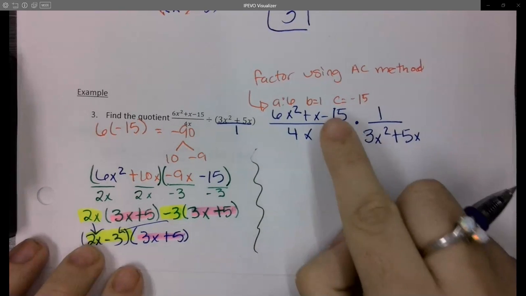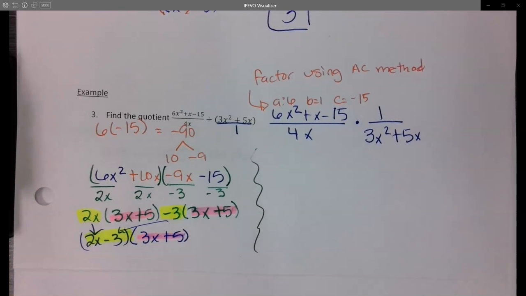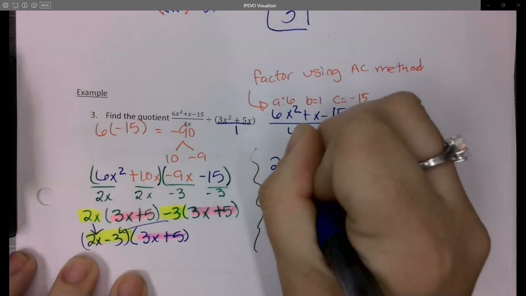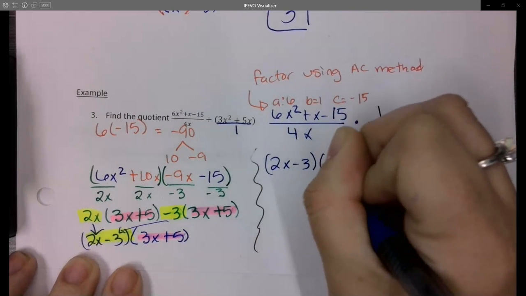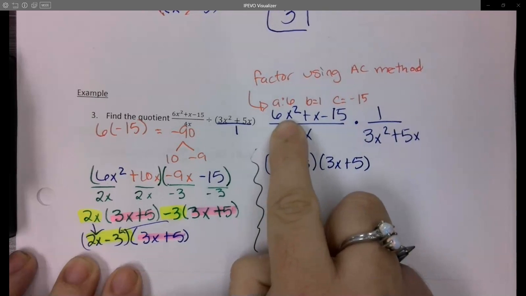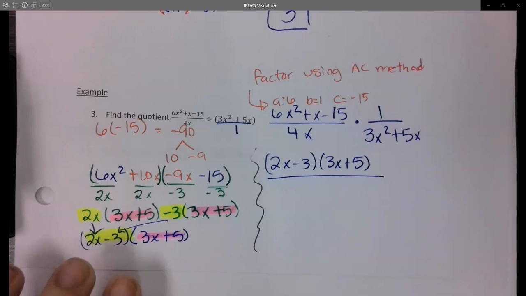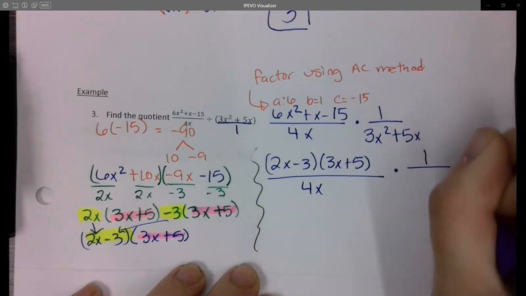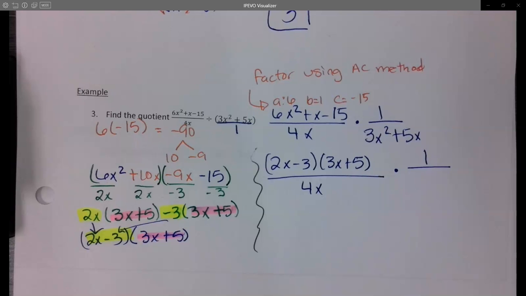Well, I factored the top, but have I solved the problem? No. So I can rewrite my top as 2x minus 3, 3x plus 5, and this is just the numerator of the first fraction. Do I need to factor the denominator? The 4x? No. On my second fraction, I can't really do anything with 1, so that stays a 1.